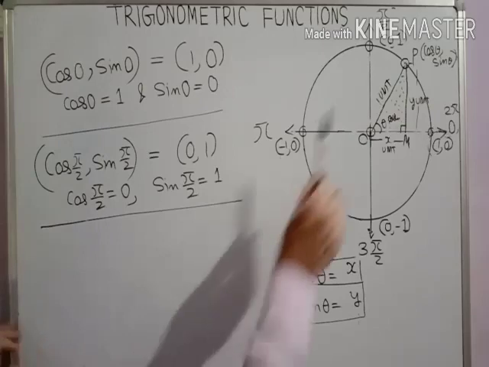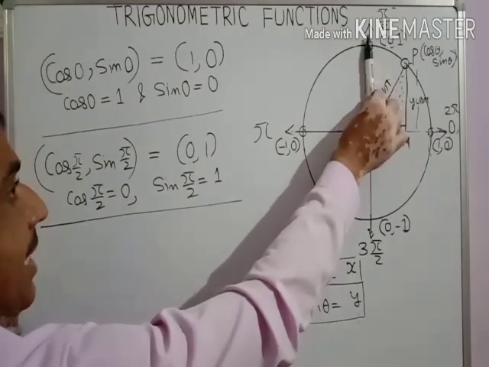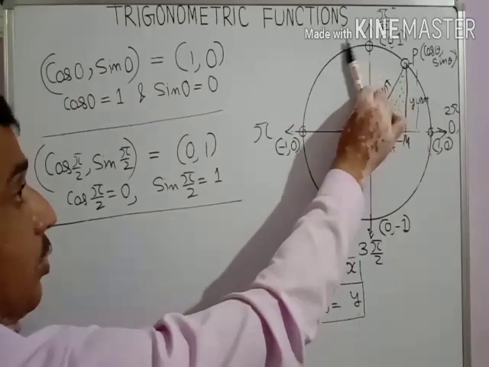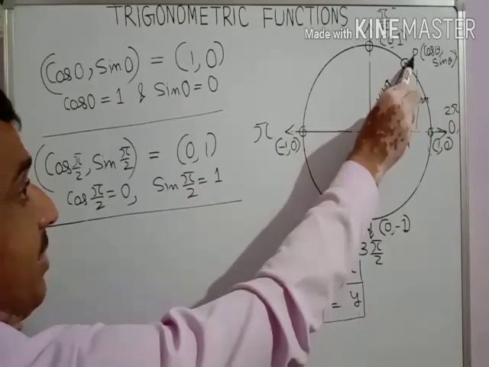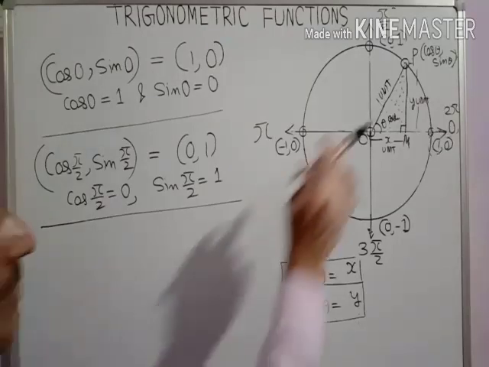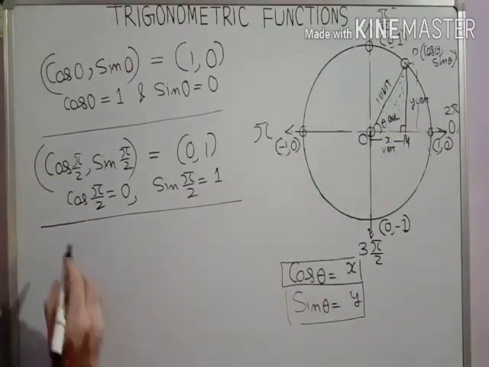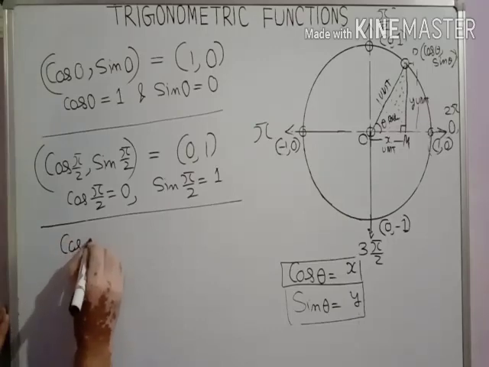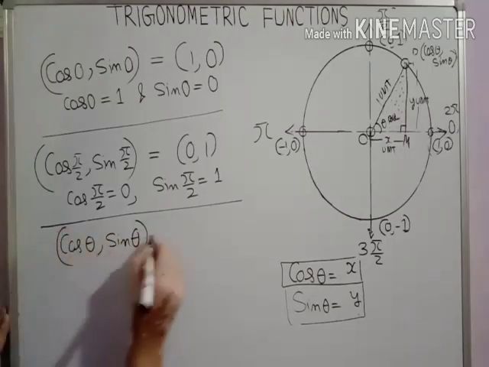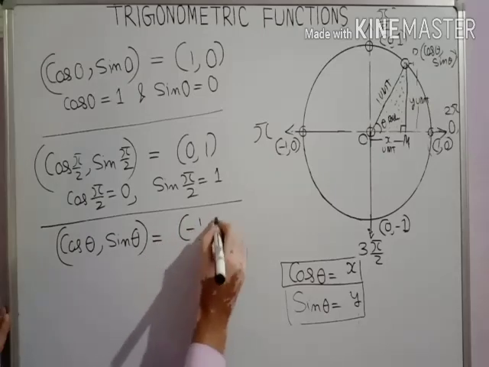Suppose that this line is moving toward this side and it reaches here. I mean this line overlaps this line, this point P and this point coincide. What happens when this point and this point coincide? I mean cos theta comma sin theta equals -1, 0.